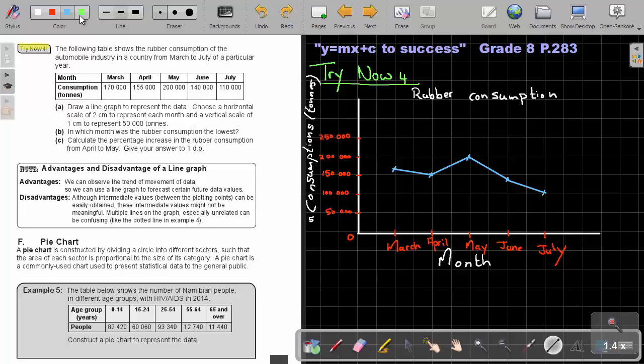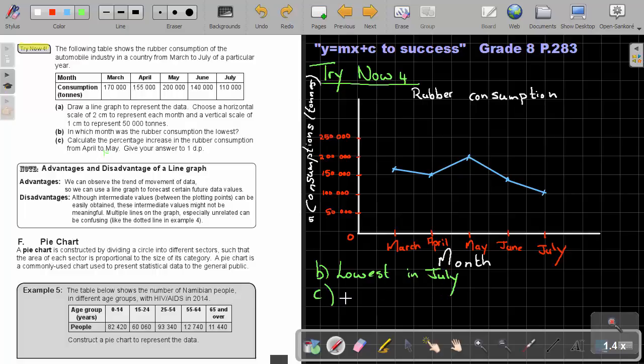So we can just write here, number B, lowest in July. And then number C, calculate the percentage increase in the rubber consumption from April to May. We're first going to find the difference.